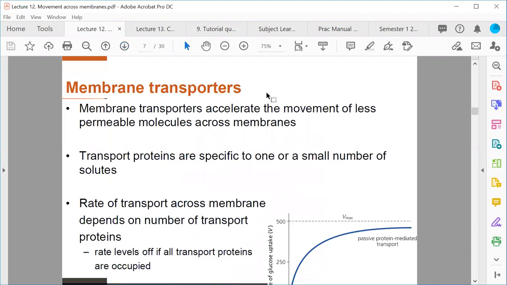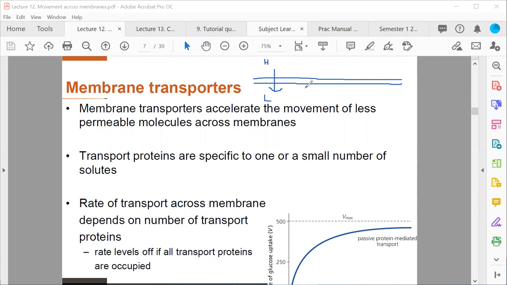All right, so far we've been talking about, let me just write this here. Here's a membrane, lipid bilayer. We've been talking about diffusion straight through the membrane, passive diffusion from high concentration to low concentration.